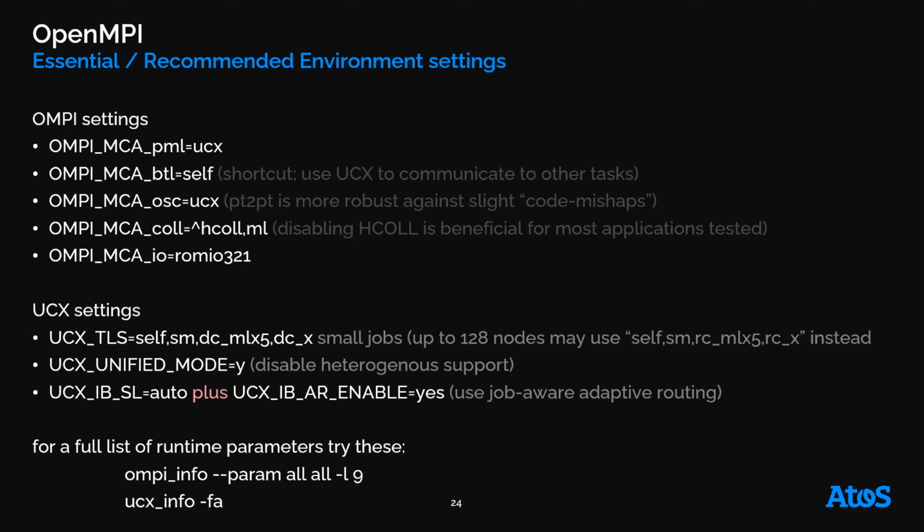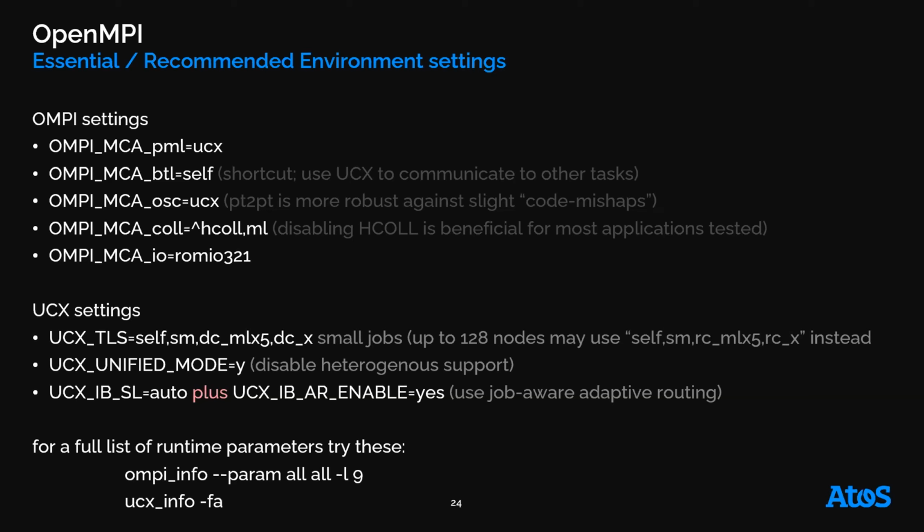And usually you want to use UCX as well, as the underlying transport library. And this, of course, also has a bunch of possible settings. And these are the ones that we would recommend.